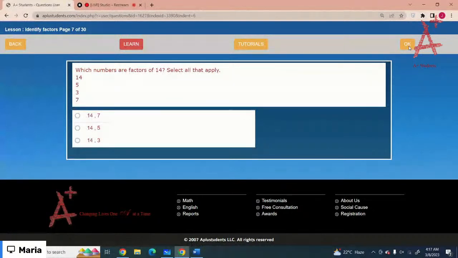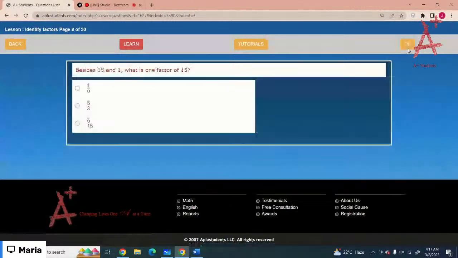Select all that apply. 14, 5, 3, and 7. Which numbers are the factors of 14? Yes, very good. The correct option is 7 and 14. They both are the factors of 14. Got it?